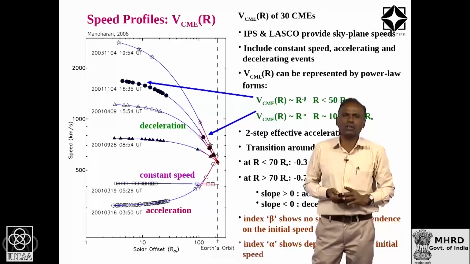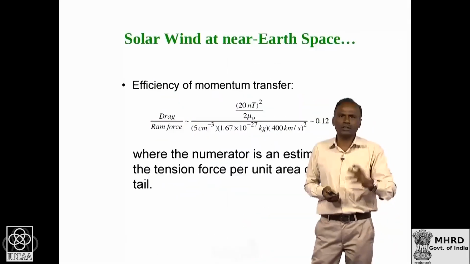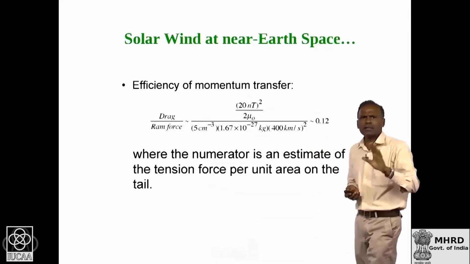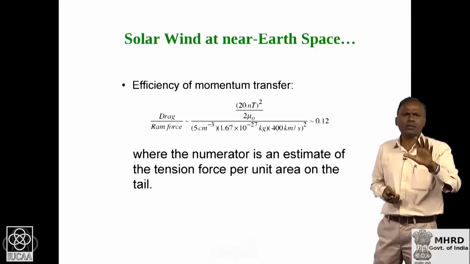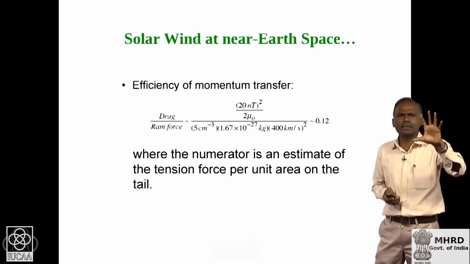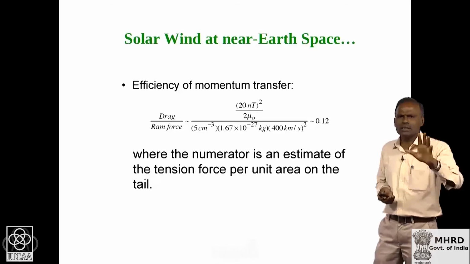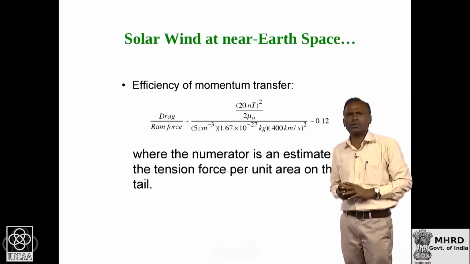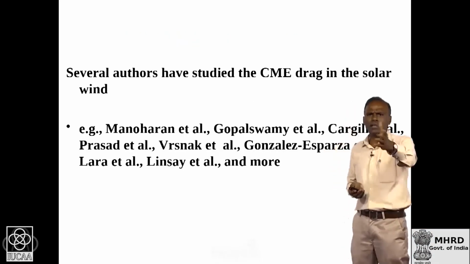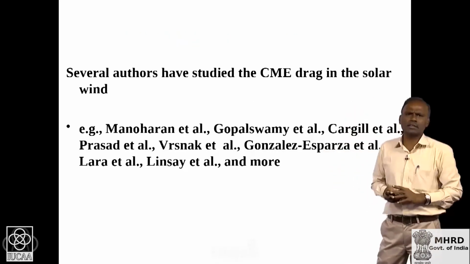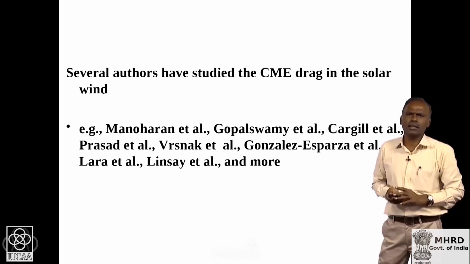Those results came from the Ooty radio telescope. This gives the efficiency of momentum transfer, which is determined by the drag force and ram force. So this gives a typical idea about this. Several other authors have studied the drag effect.